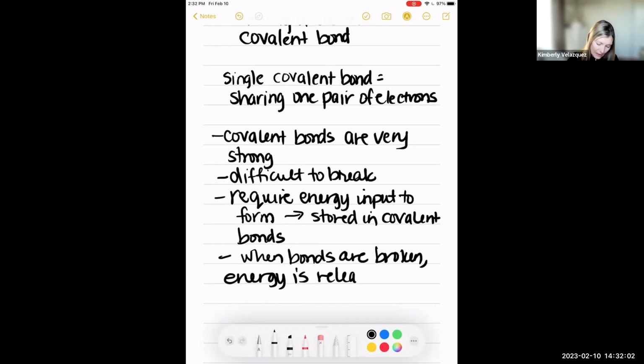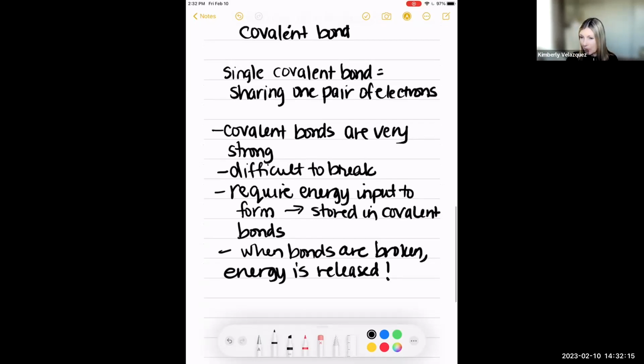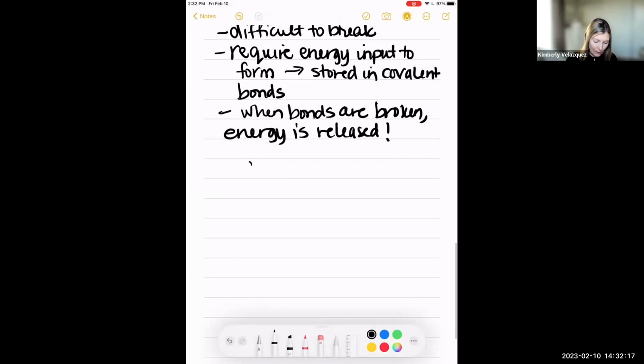This is hugely important in biology because the way you get energy from your food molecules is breaking the covalent bonds of those food molecules. The most important molecule that you eat is glucose. Glucose has a chemical formula of C6H12O6. That means that it's a molecule with 6 carbons, 12 hydrogens, and 6 oxygens all bonded together, and they are covalently bonded together.